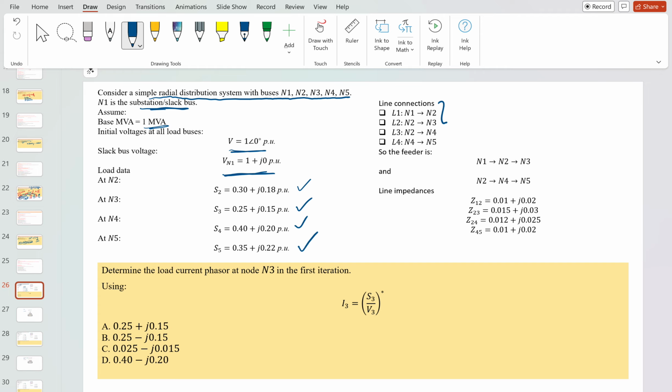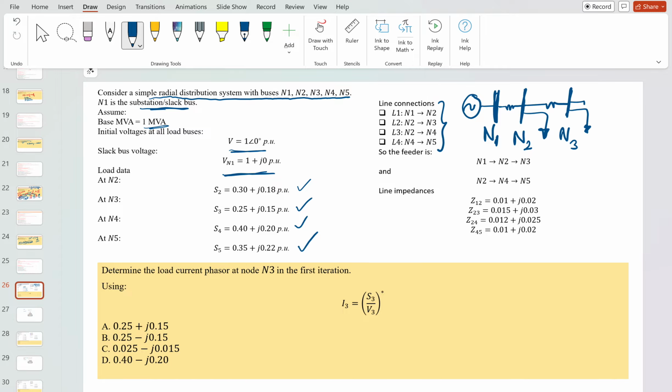So it is something like this. Line connections are there. It is starting from the slack bus here, N1. Suppose this is node 1 where the slack bus is, and then we move forward, you have an impedance here, and then there is N2 where the load is connected, and then again N3 where the load is connected.